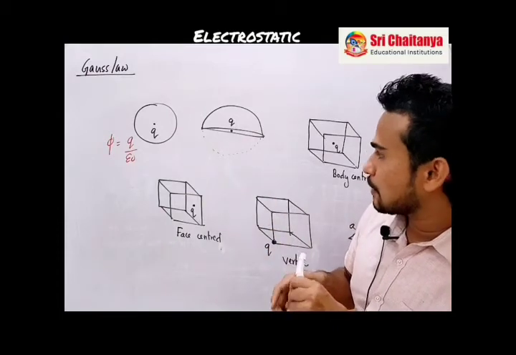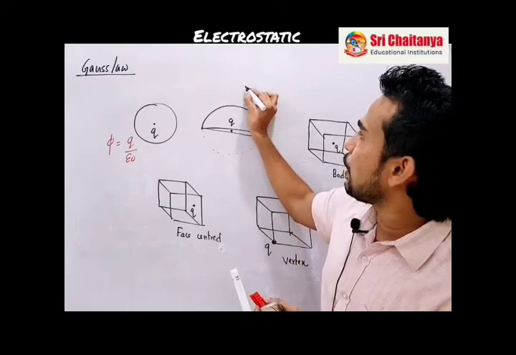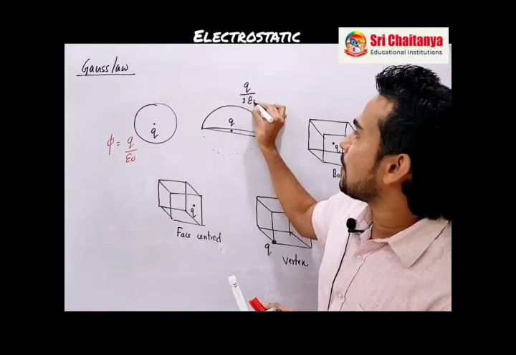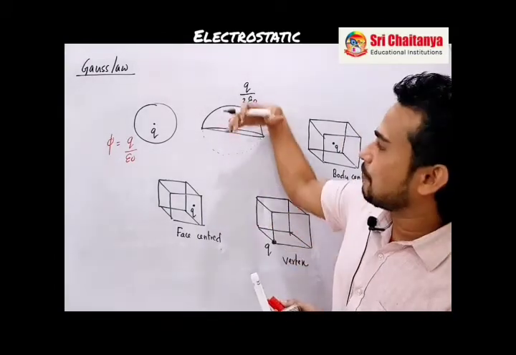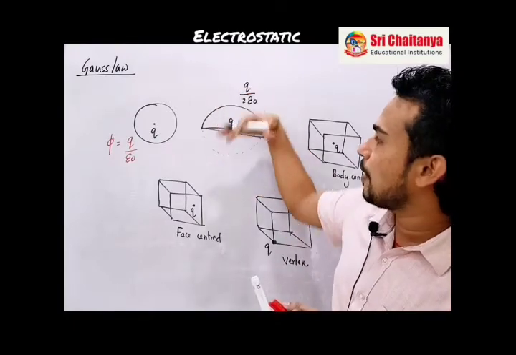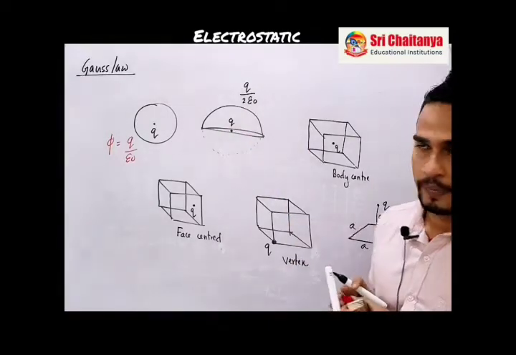So here if anyone asks you the value of flux, you will get Q by 2 epsilon naught, because total flux will be Q by epsilon naught, but that will be shared equally by the upper half and lower half. I am only talking about the upper half. So flux will become half, that is Q by 2 epsilon naught.